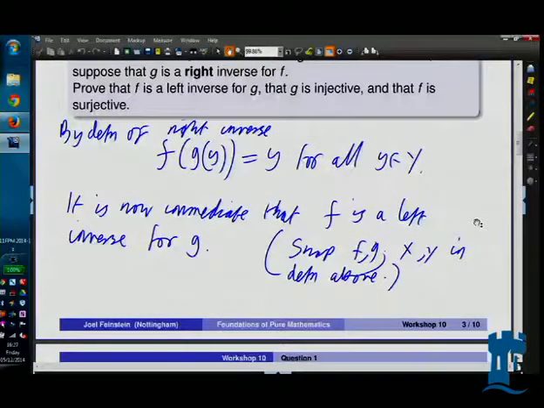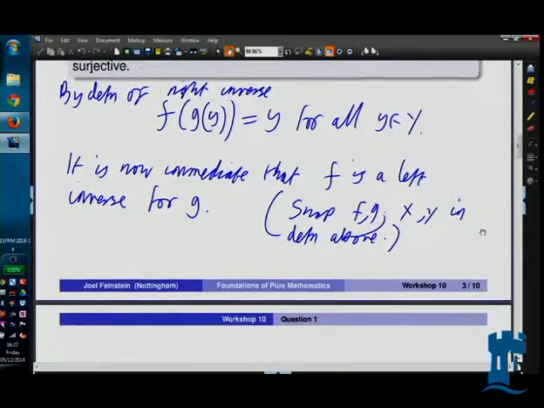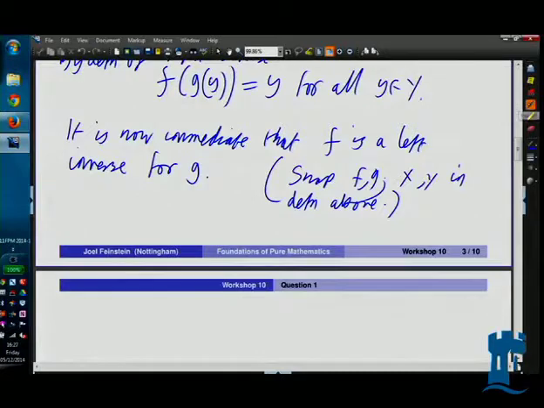But the interesting bit is the fact that g has to be injective and that f has to be surjective. Right, so let y in Y. We want to show that f is surjective, f is going from X to Y, we have to show that there is x in X for which f of x equals y.